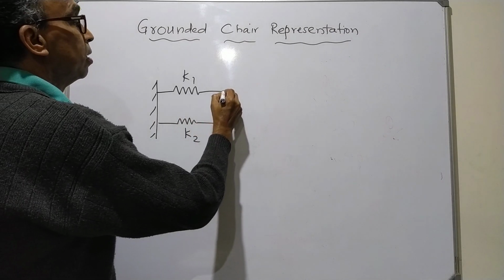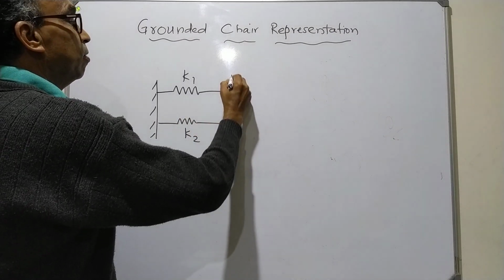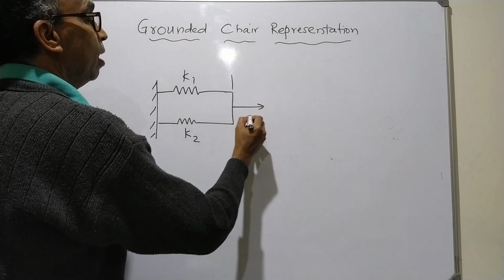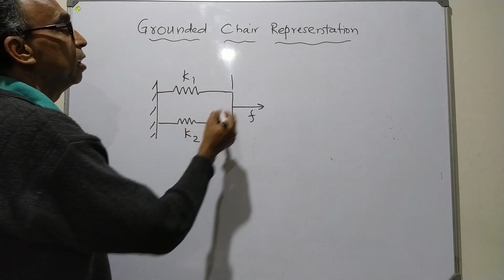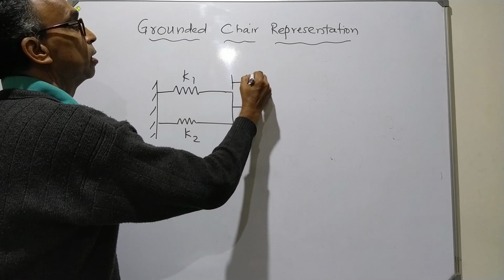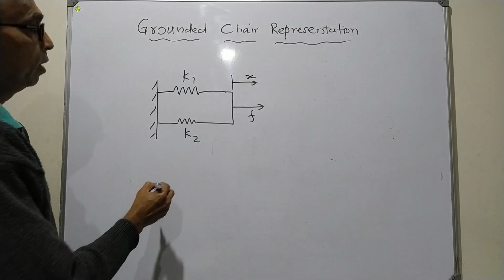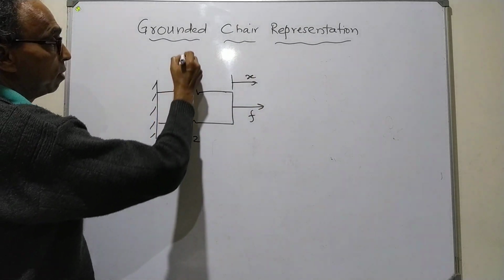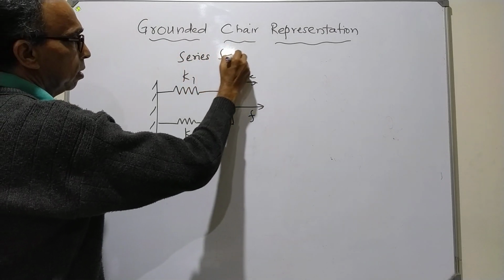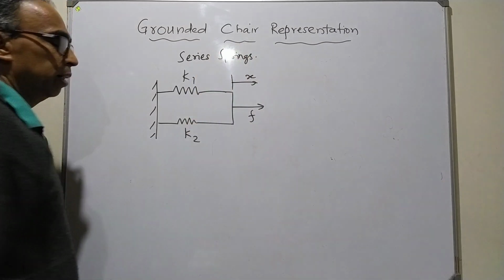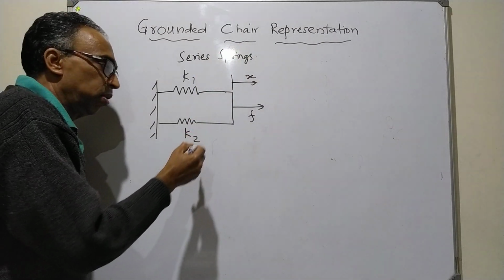Though it appears as parallel arrangement, we had called it, as per F.H. Ravan's book, series arrangement. This is subjected to X. If you recollect, we had called this, as per Ravan's convention, the series springs. Isn't it? And what was the logic?